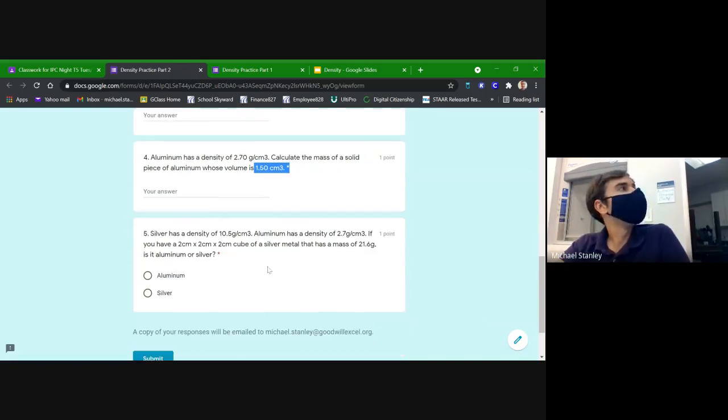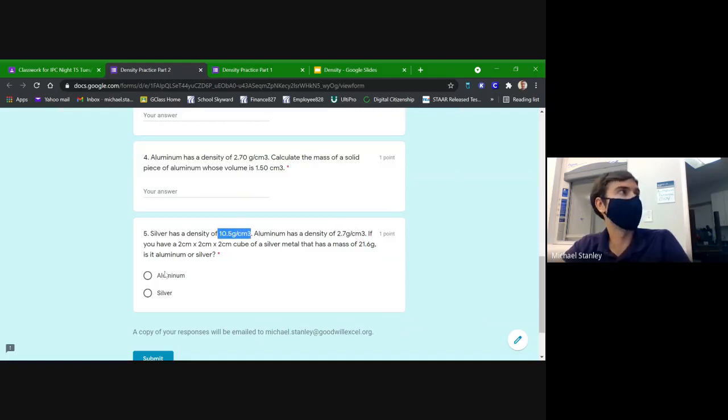And then finally, number 5 is a little bit different from all of them that we've been talking about so far. Number 5 says silver has a density of 10.5 and aluminum has a density of 2.7. If you have a 2 by 2 by 2 cube with this mass, is that cube made of aluminum or made of silver? So you have to figure out the volume, do the density equation with your volume and your mass, and then see, does that density most closely match my aluminum density or my silver density?